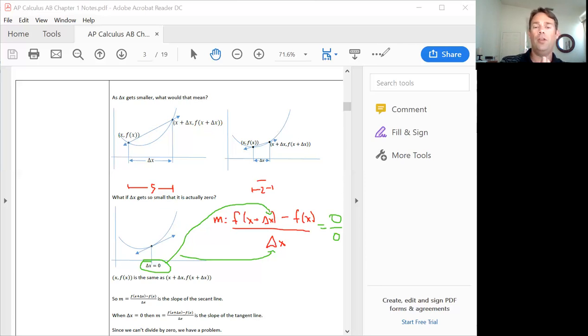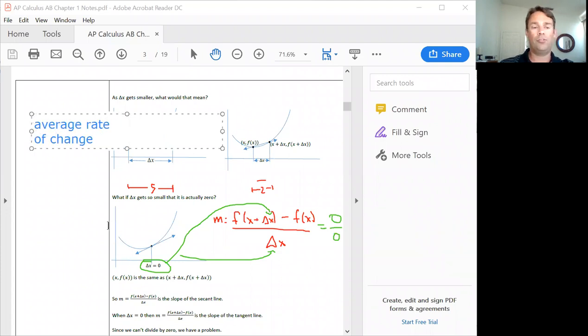In other words, if slope is the average rate of change, maybe when the 2 points are the same, there's a way we can figure out the rate of change at a moment, at a particular instant. We call that instantaneous rate of change. So this right up here, when we're dealing with the slope between 2 points, we call that average rate of change.